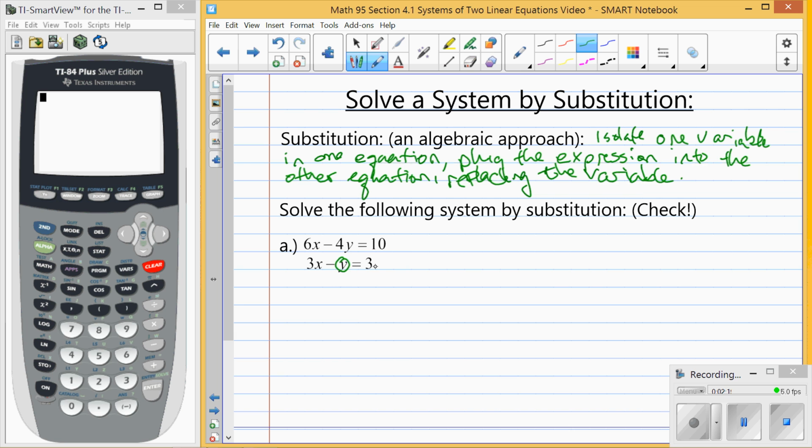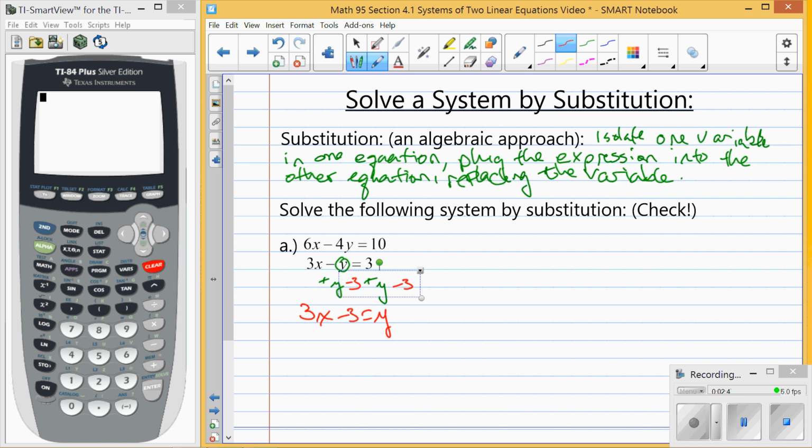So to do that, I'm going to add y to both sides, and I'm also going to subtract 3 from both sides. So subtract 3 and subtract 3. This is going to give me, for this equation here, 3x minus 3 equals y.